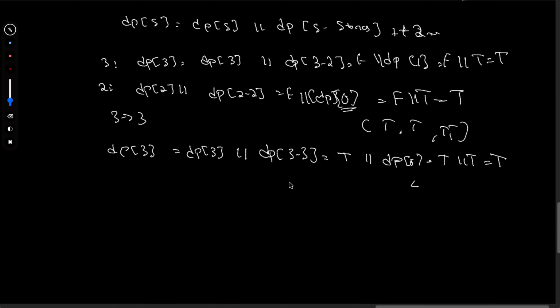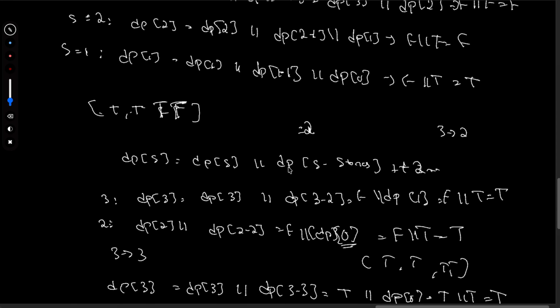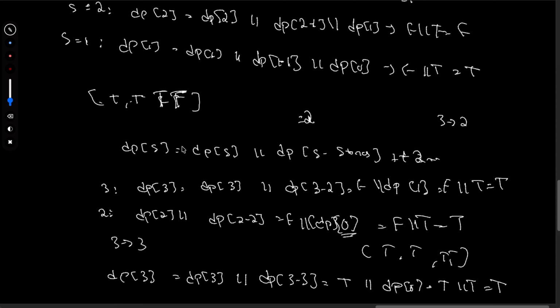So the formula is: DP of s or DP of s minus stone. Can I make the sum? Yes or no. So either I could already make it before, so DP of s, or I can make it by adding the current stone to the previous sum.